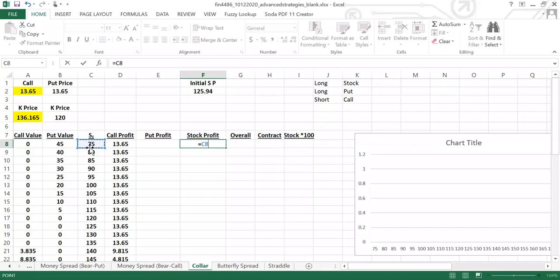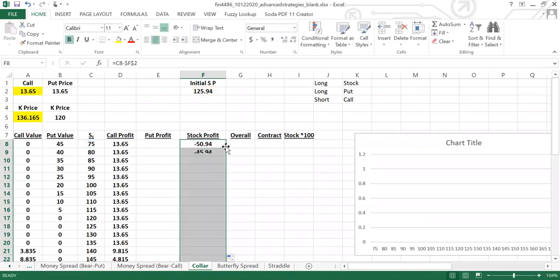We are assuming 75 is the worst case scenario, though you could start your worst case scenario at zero. Then you will consider this stock price at expiration, which is a hypothetical value, and subtract the initial stock price. Let's lock the initial stock price, and now you will have all the possible profits from the stock that you're holding, right?